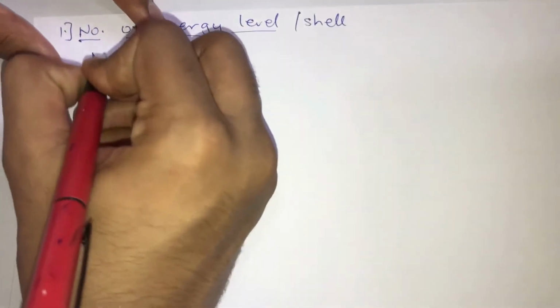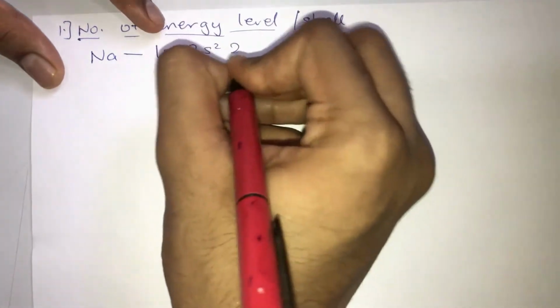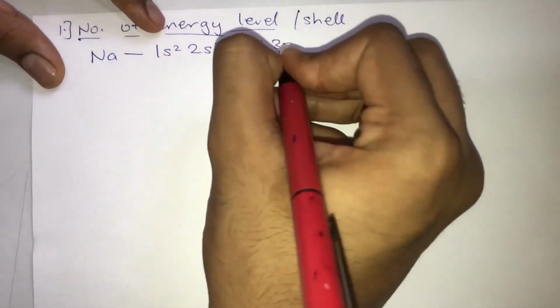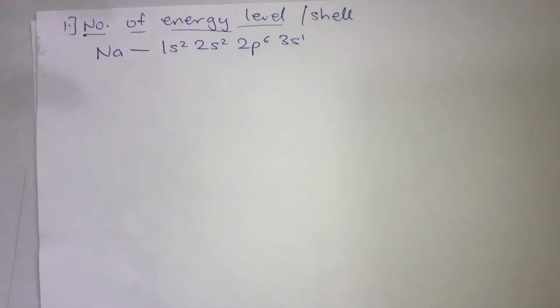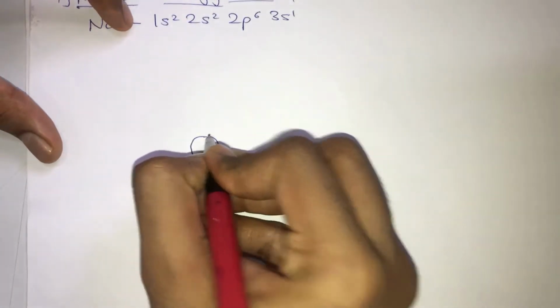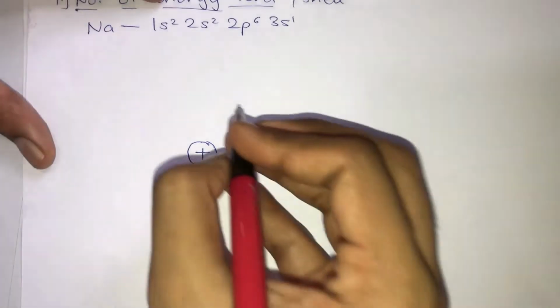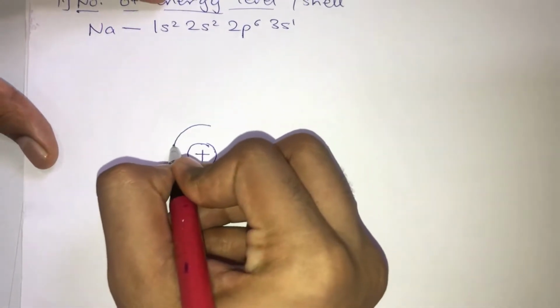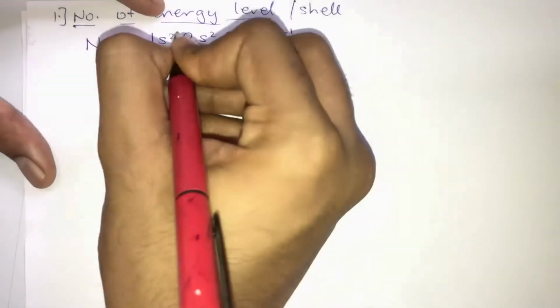As we all know, the electronic configuration for sodium is 1s2, 2s2, 2p6 and 3s1. Now if I want to show this sodium atom diagrammatically, first of all I am going to draw a positively charged nucleus over here. Now in the first energy level, there are only 2 electrons present.